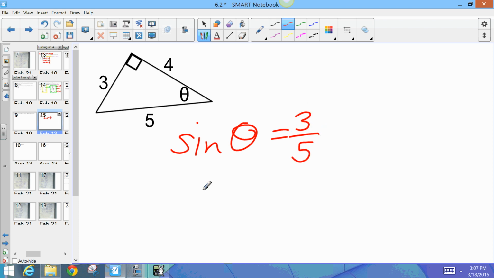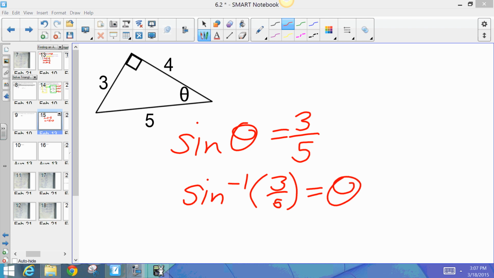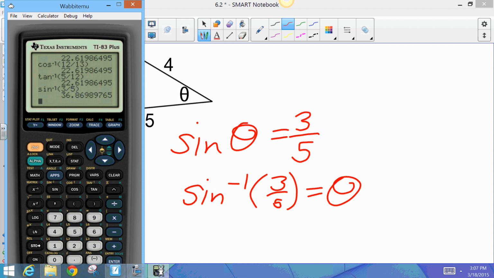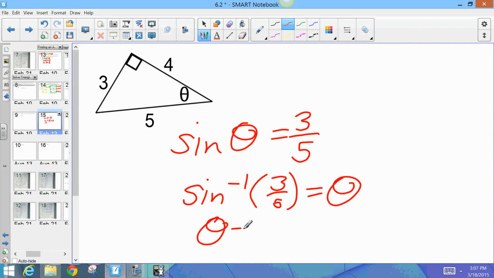Therefore the inverse sine of 3/5 will give me the angle theta. So second sine 3 divided by 5 gives me theta is 36.9 degrees. Okay, all right, that's it.